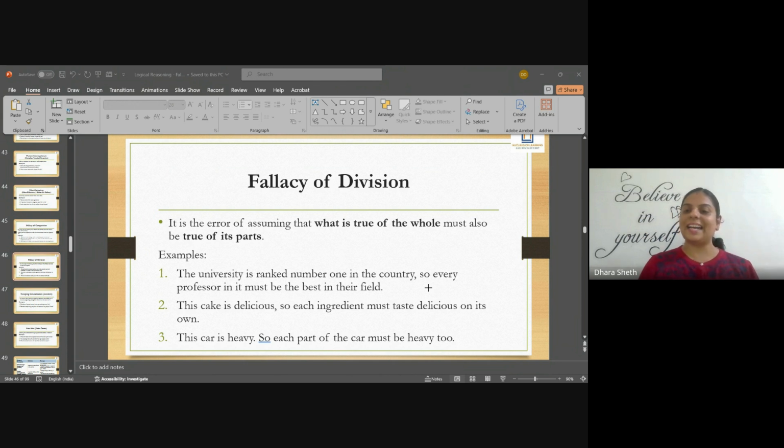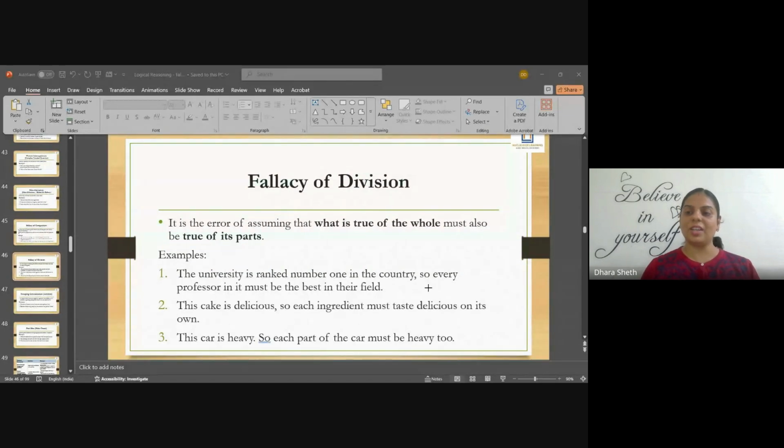The university is ranked number 1 in the country, so every professor in it must be the best in their field. May not be true. This cake is delicious, so each ingredient must taste delicious on its own. If you had eaten baking soda, you would know it does not taste delicious.